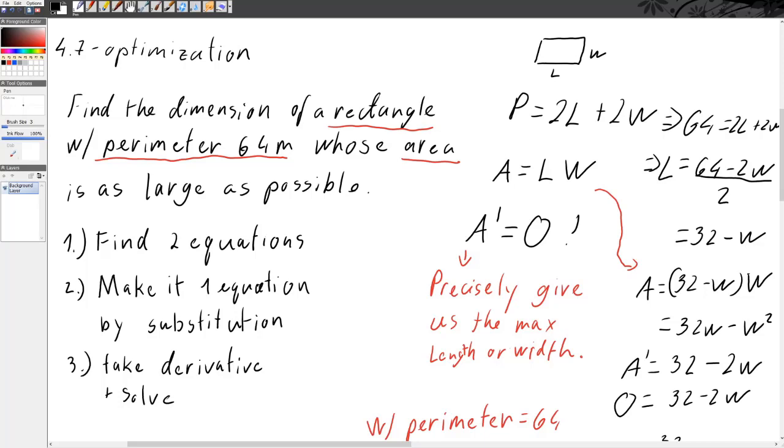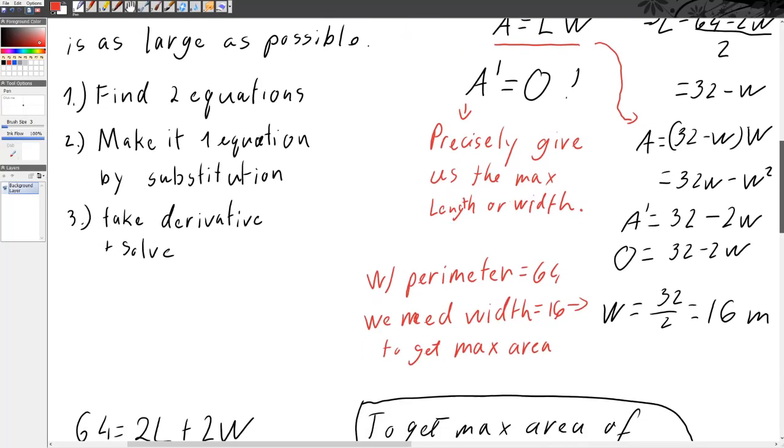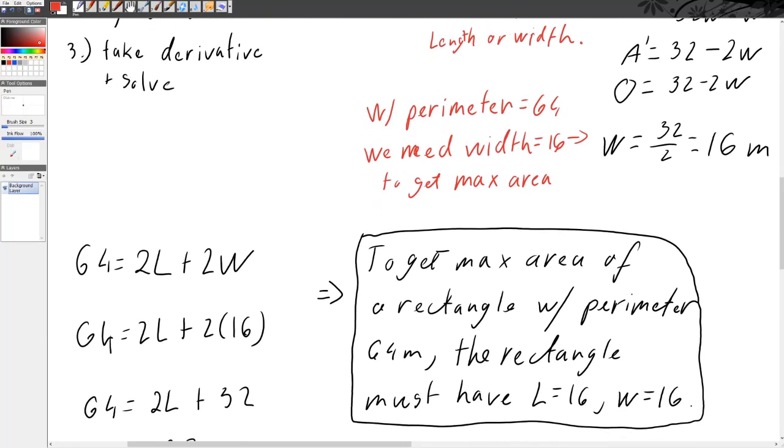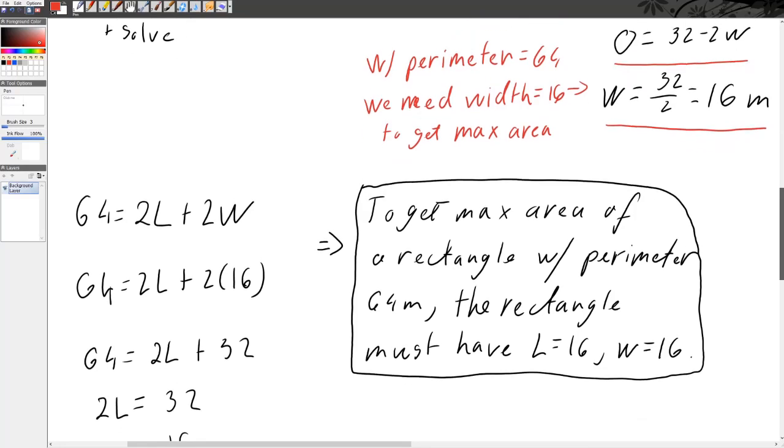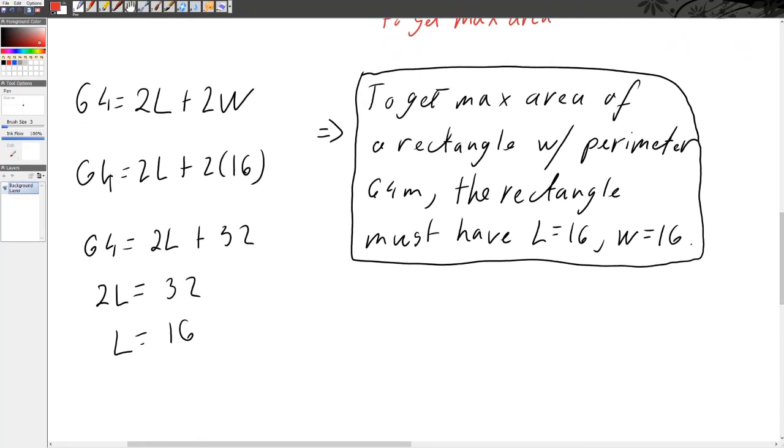So we find perimeter, we find area, we substitute and we solve on the right hand side. We set it equal to 0, and then we solve and we get that the width is 16. Afterward, we'll go back and we put it into the perimeter equation to solve for the length, and we have that the length is also 16.